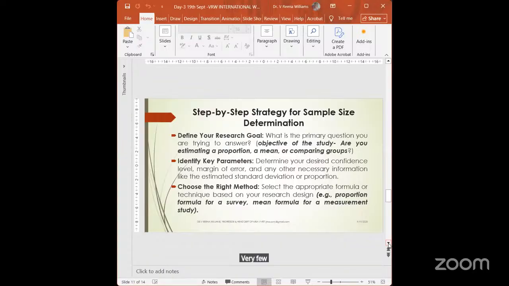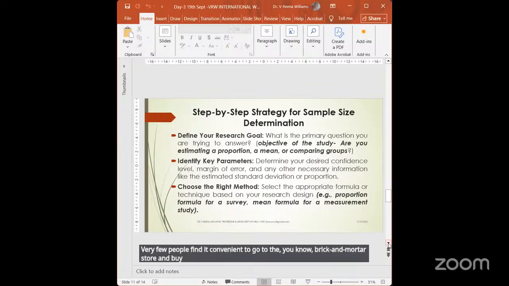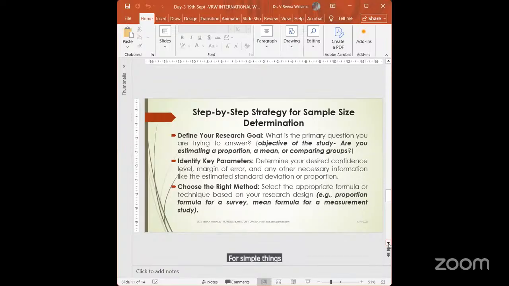Very few people find it convenient to go to the brick and mortar store to buy groceries for simple things. For example, we have the milk basket, you have Blinkit. All these companies are able to provide you anything at any point in time, so you feel it is much more convenient.